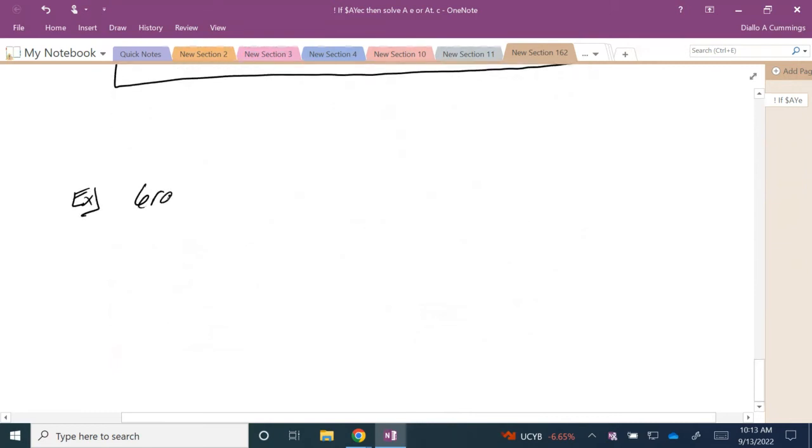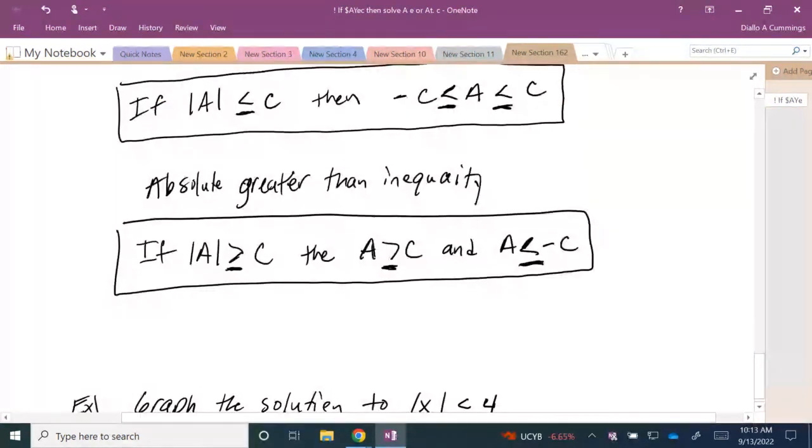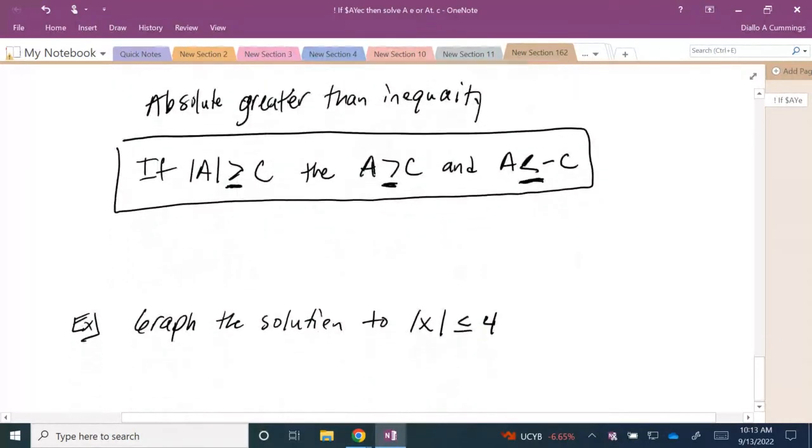In this example, we're asked to graph the solution to the absolute value of x is less than or equal to 4. So here again, what's implied is that when using these formulas, you must isolate your absolute value.